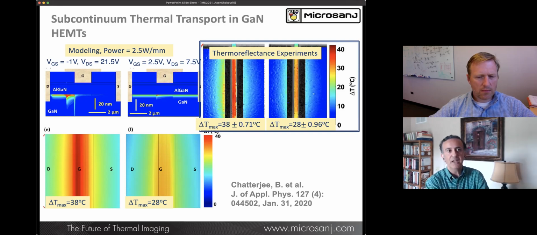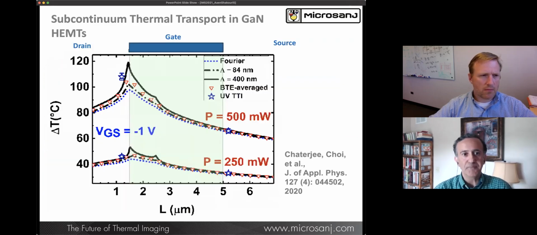In the next viewgraph, what they used is a comparison of the Fourier model with a Boltzmann, which is basically subcontinuum. And what you see here is temperature profile from drain on the left to source on the right. So pay attention, things are reversed compared to past, but the Fourier law is the dashed blue line, and you can see at the power of 250 milliwatts, the hottest point is about 45 degrees or so, and at 500 milliwatts, the hottest point is close to 100 degrees.